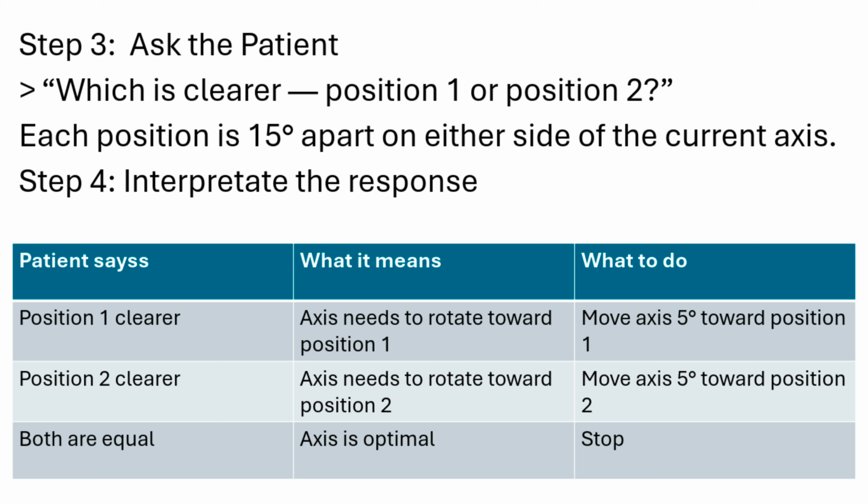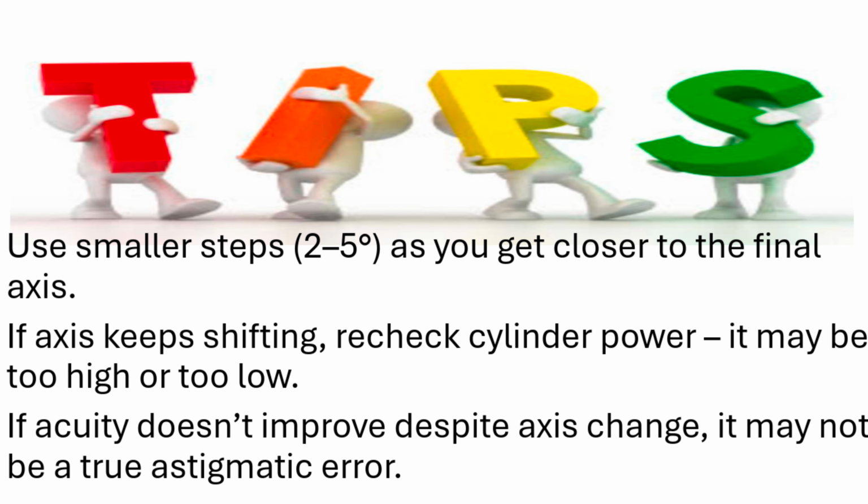It is the most important thing. Here is a small tip: use smaller steps of 2 to 5 degrees as you get closer to the final axis. If the axis keeps shifting, recheck the cylinder power; it may be too high or too low. If acuity doesn't improve despite axis change, it may not be a true astigmatic error.